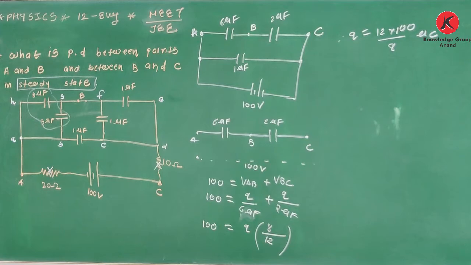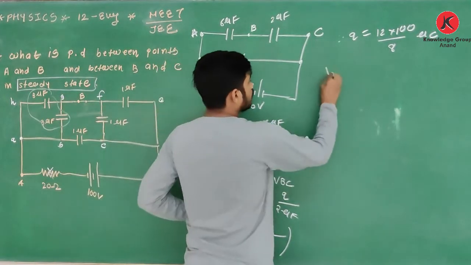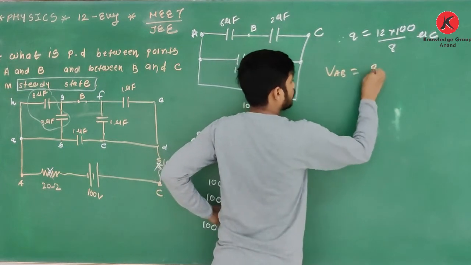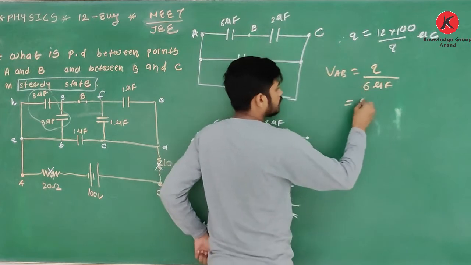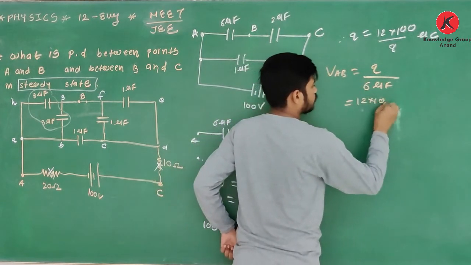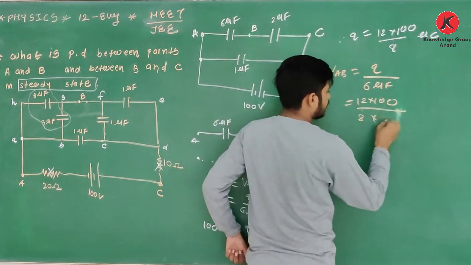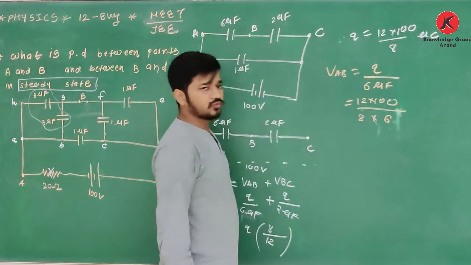Okay, now how to find VAB? Here it is this equation. See, VAB is equal to Q upon 6 microfarad. What is Q? It is 12 into 100 divided by 8, and here it is 6. Micro will be cancelled out.